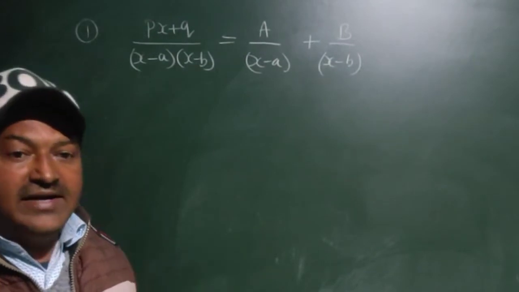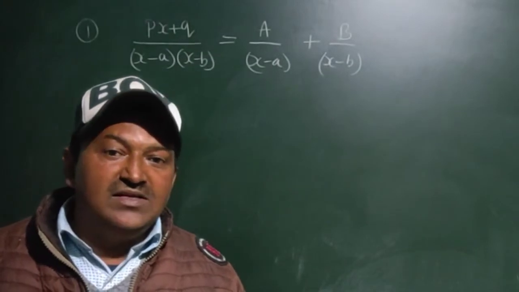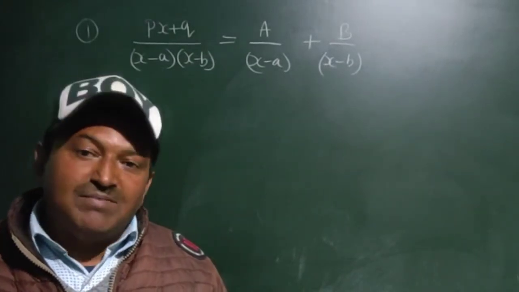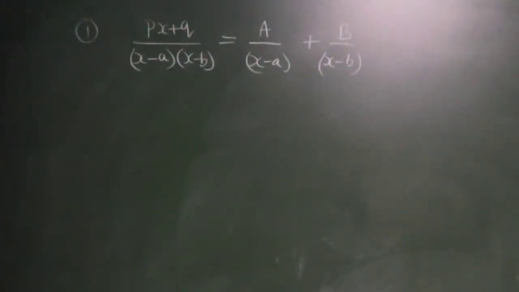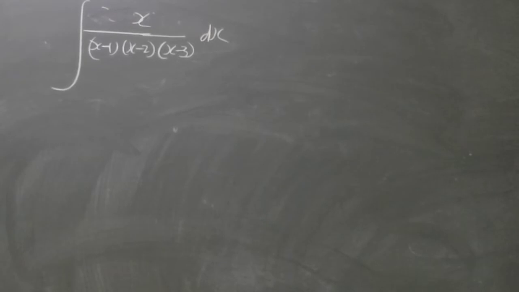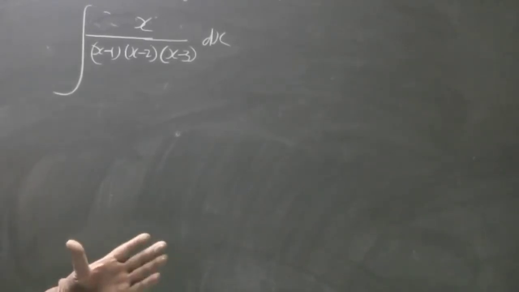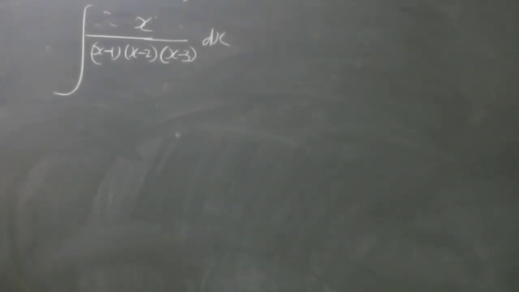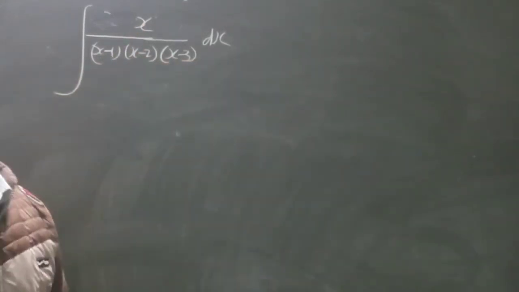So now let us discuss the first type of partial fractions with applications. Now question number 2, the integration of the first type of partial fractions. Question is integrate x upon x minus 1, x minus 2, x minus 3.